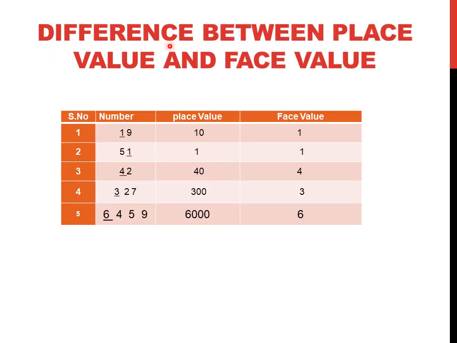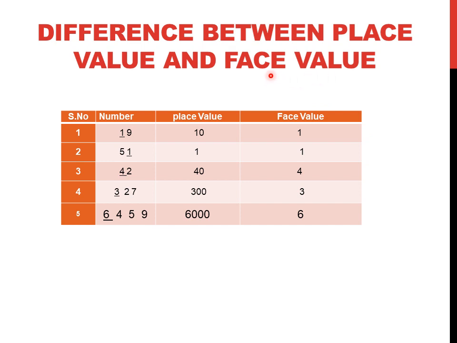So children, we have already learned what is place value and face value in detail. Place value tells the value of the digit based on its place or position, whereas face value does not depend on the place where the digit lives, it is the same number that you can see.